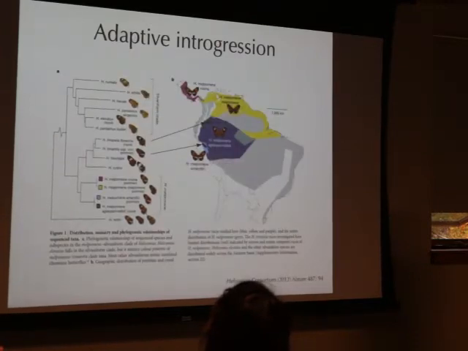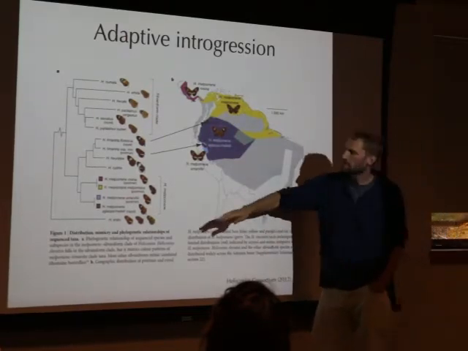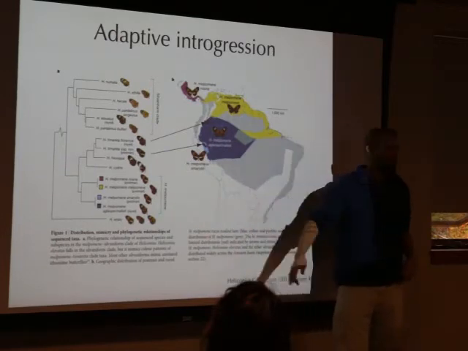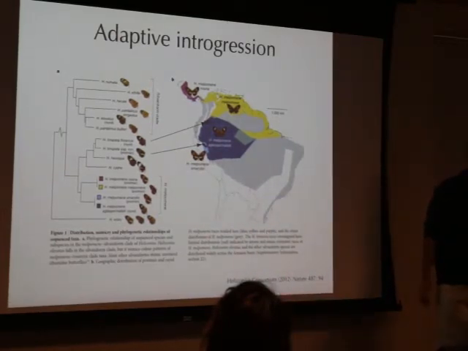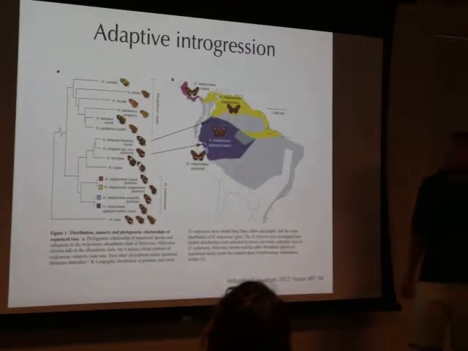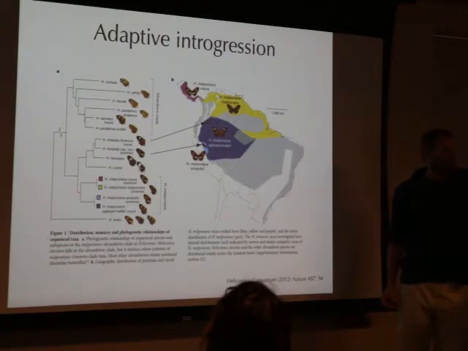Here's another really cool example of these Heliconius butterflies that you may have heard of. It's this big species complex. They have all sorts of interesting color patterns. And in particular, they have color patterns that exhibit mimicry. So one species will be nasty for predators to eat, and another species will look just like that first one so that predators don't eat the second one also.